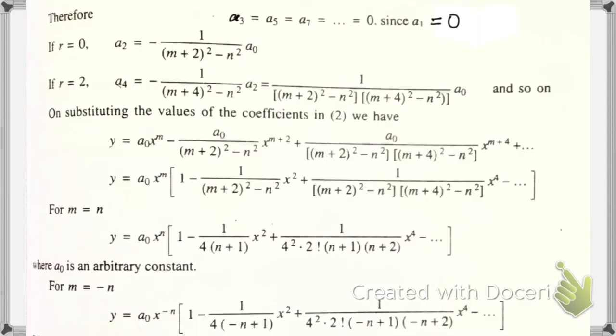Now those terms a3, a5, a7 and so on will be equal to 0, since a1 is equal to 0. How did we get this step? To understand that, let me go to the previous slide.